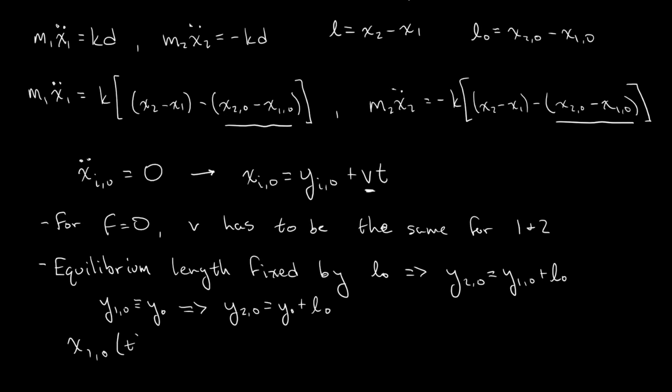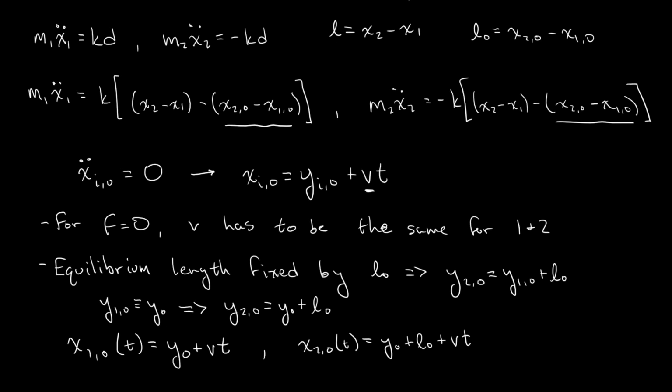And remember, these can be functions of time. These equilibrium points can move in time. They just have to move at a constant velocity. This one is y0 plus vt, and x2,0(t) is y0 plus L0 plus vt.